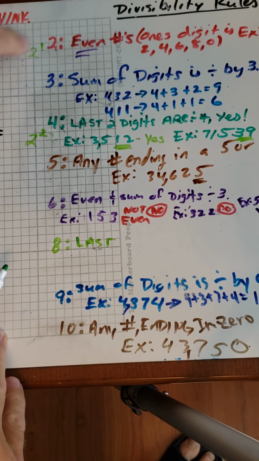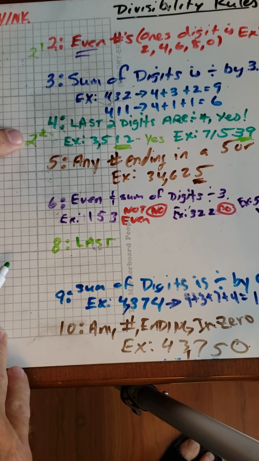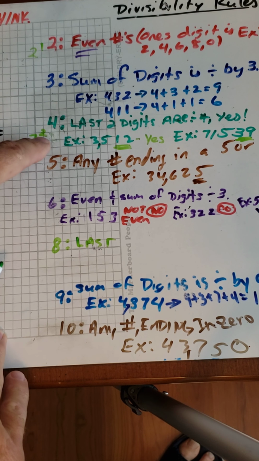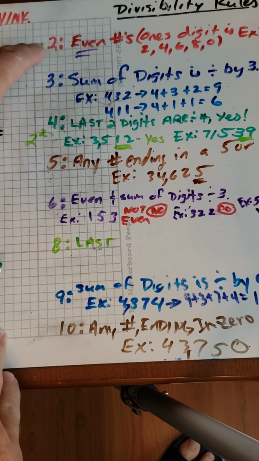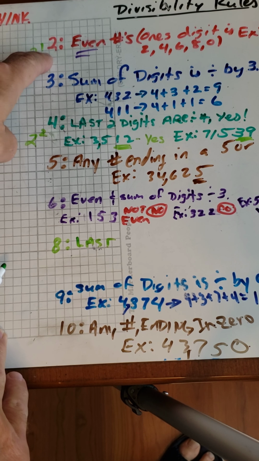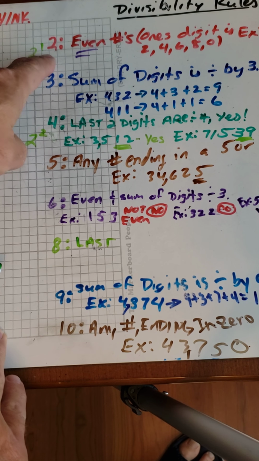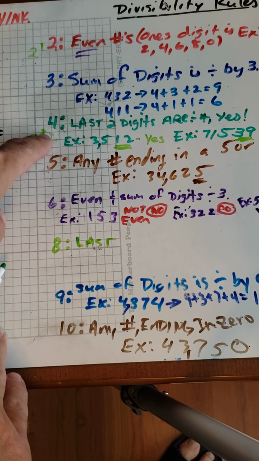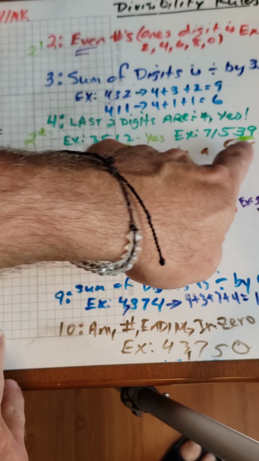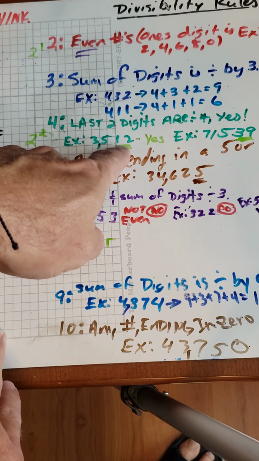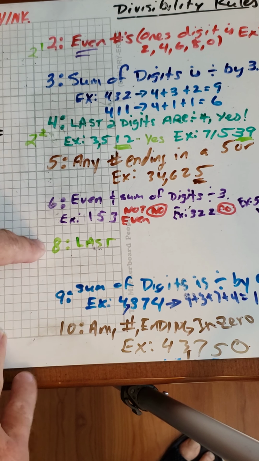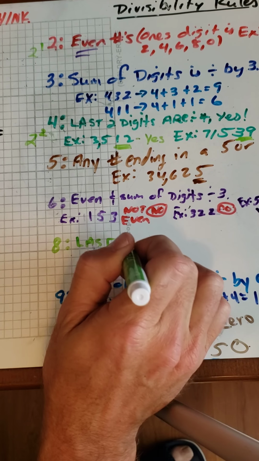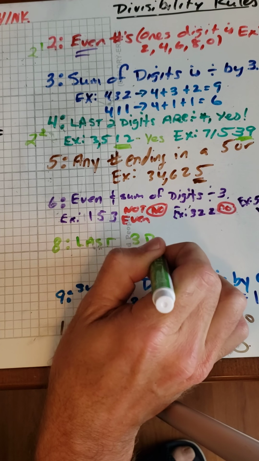So 2 to the first equals 2. 2 squared equals 4. And that was looking at the last two digits. This one's actually looking at the last digit, right? The last digit's even. So that's kind of interesting. And this one's looking at the last two digits are divisible by 4, right? So the last two digits are divisible by 4. So 8 is actually the last three digits.